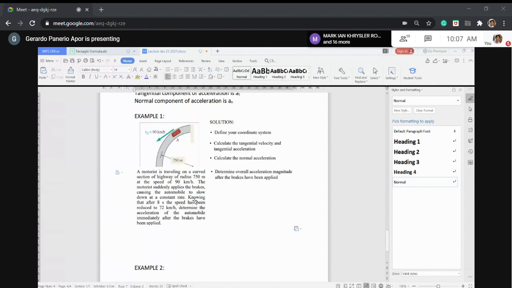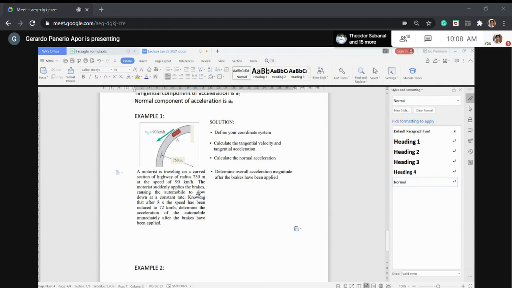It says in the problem that he suddenly applies the brakes. There are many ways of applying brakes. You can press hard, or just use friction to slow down. The term slow down means he did not fully pull the brake.